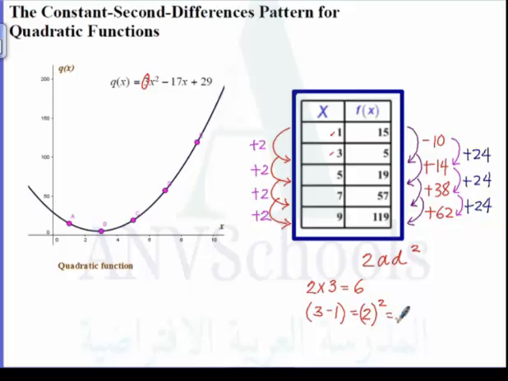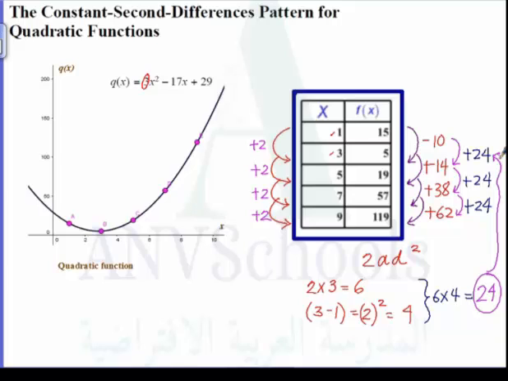So that's equal to 4. Therefore, we will have 6 times 4. And that gives us the second difference, which is 24. And it gives us a confirmation of the second differences based on the table.